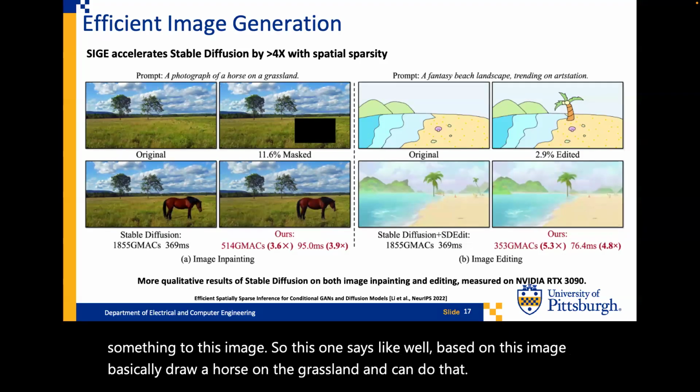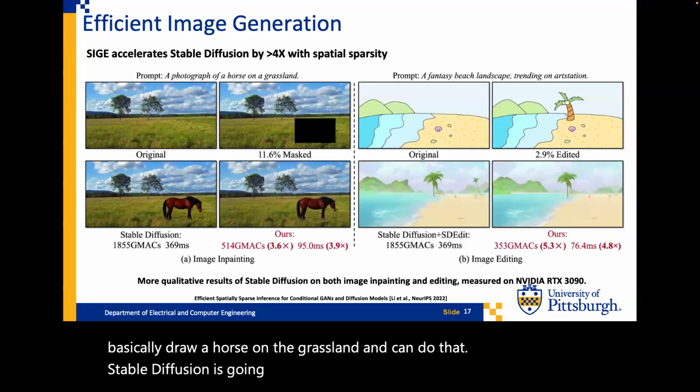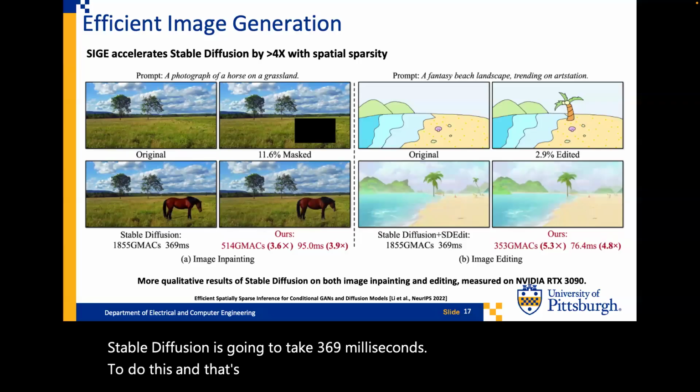Stable diffusion takes 369 milliseconds to do this, and that's how many operations you need. This paper says they can reduce the computation by over 3 times, and the time is also reduced by almost 4 times.